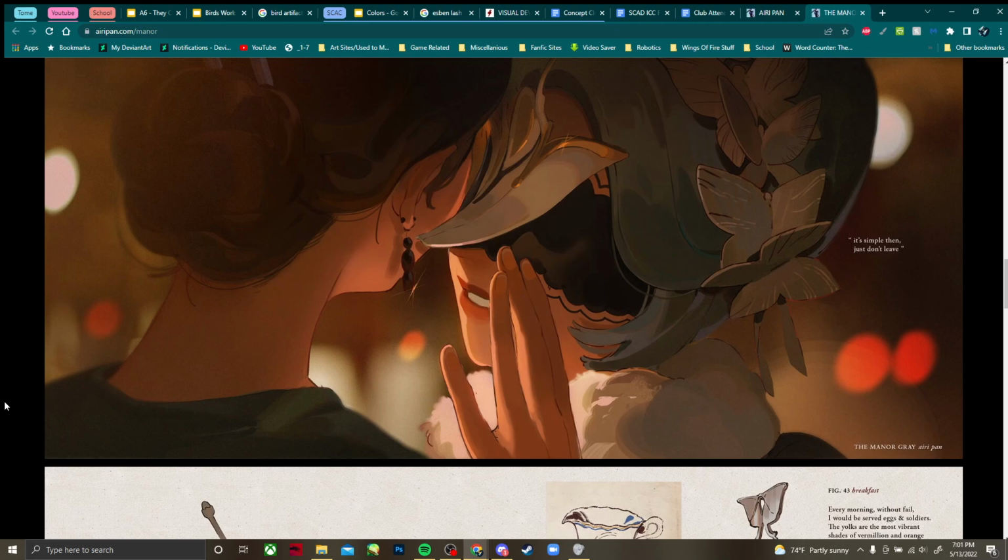Yellow can be decay, yellow can be death, a lot of really bad things, which you don't always go to as your first pick for that. But going towards those warm colors in an uncomfortable way is really interesting.